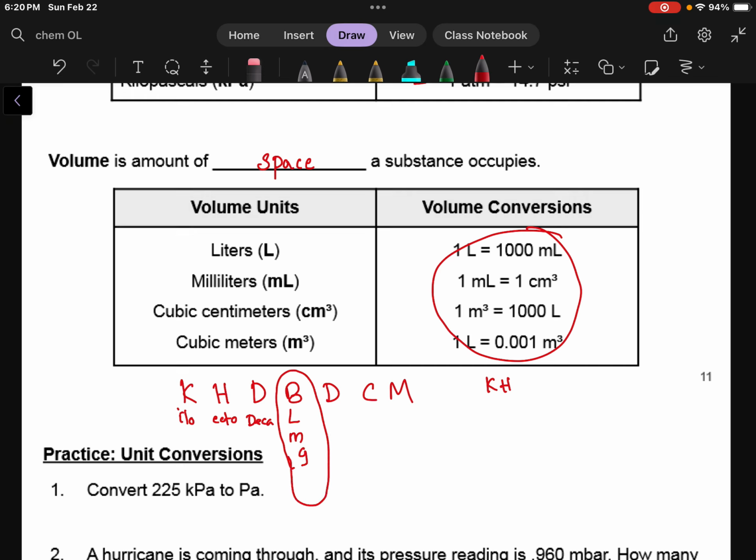For pressure, we can have only one conversion, like pascals will be there. Okay, D will be deci, and this is centi, and this is milli. And in case you want to go to micrometer, nano, pico: this is micro, this is nano, and this is pico.